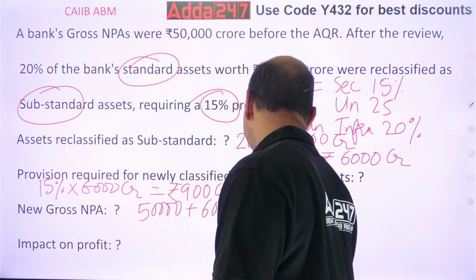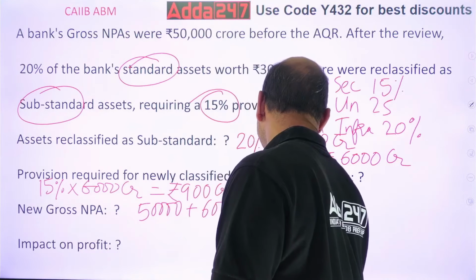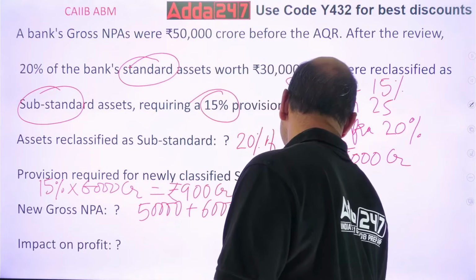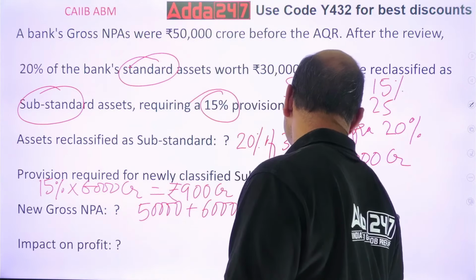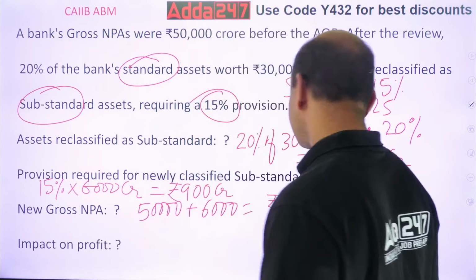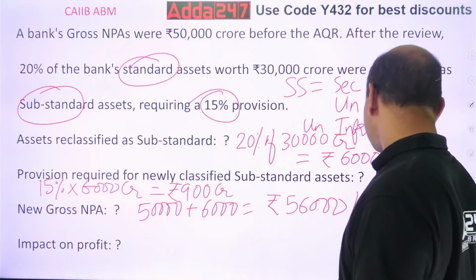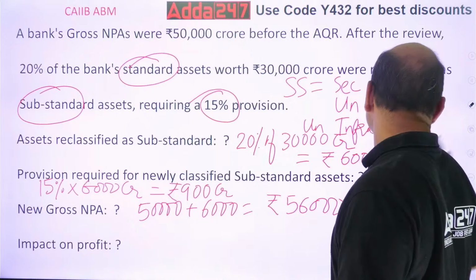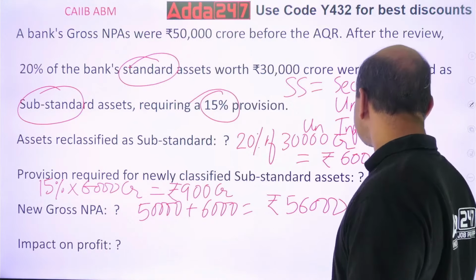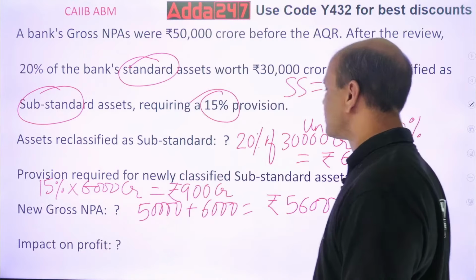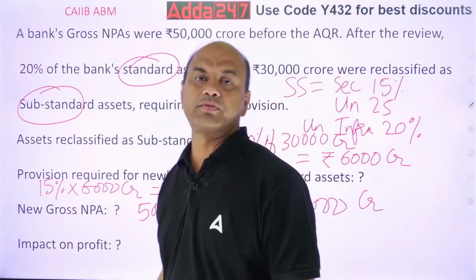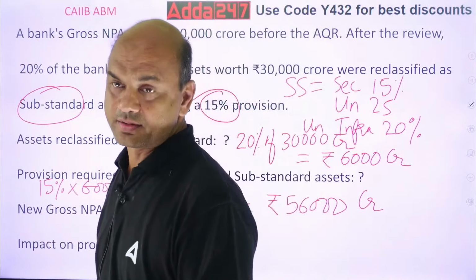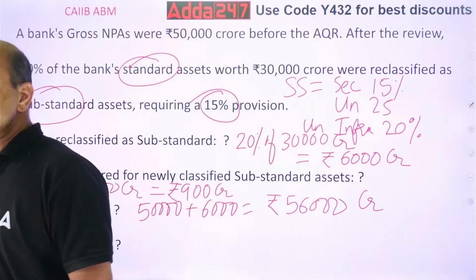So that is equal to 56,000 crores. You should never forget this crores. So your new gross NPA is 56,000 crores. Big bang it is.